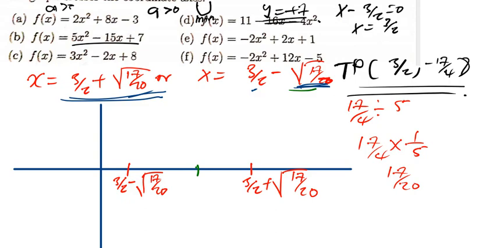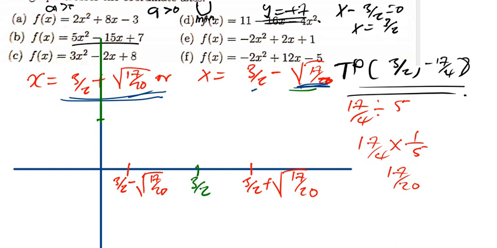So now the turning point is at 3/2, meaning 3/2 is here. Then the y-intercept, where is the y-intercept? The y-intercept is at positive 7. I'll put 7 here.